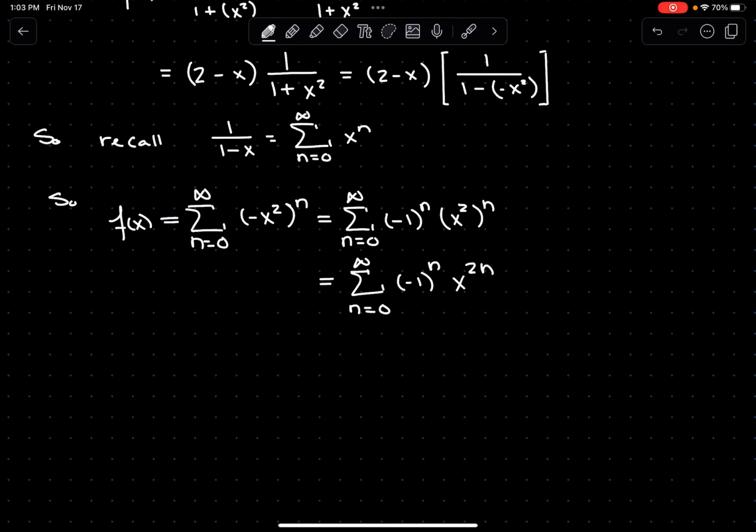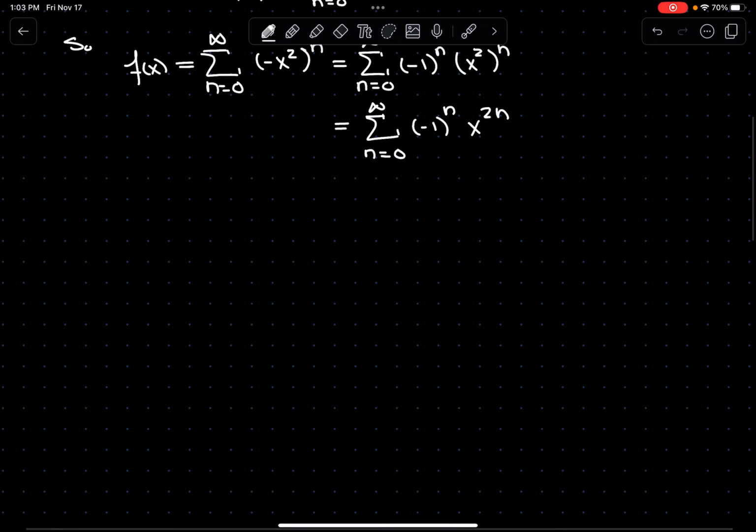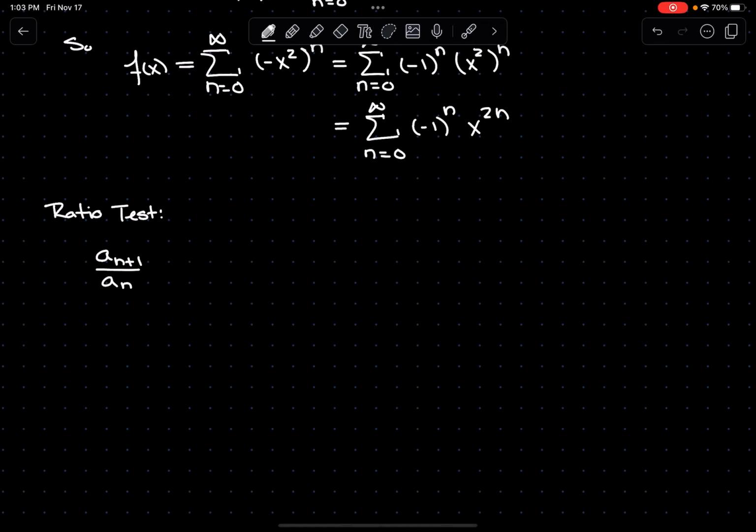Now we want to find the interval of convergence. So we need to go ahead and do the ratio test. There's another way to do this, but I'll mention that at the end. Ratio test: we want to consider the absolute value of a_{n+1} over a_n. The absolute value of the negative 1 factor just disappears, so I'm going to ignore that.